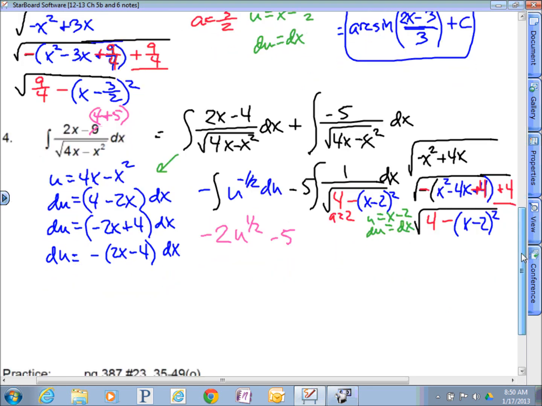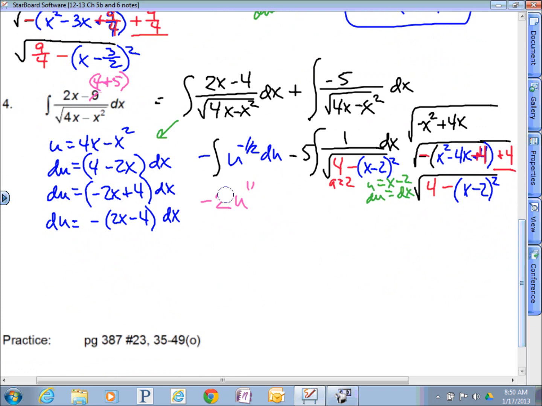So what I should probably do is move this down a little bit so we can see it. So we've got negative 2 u to the 1/2 minus 5 times my arc sine of the quantity x minus 2 divided by 2, plus my c.